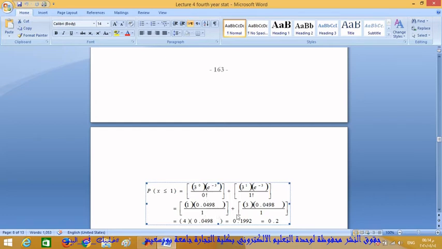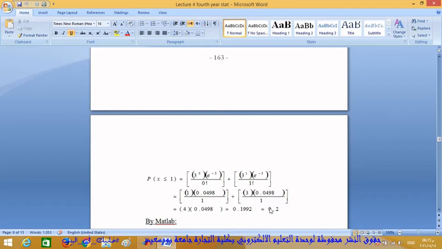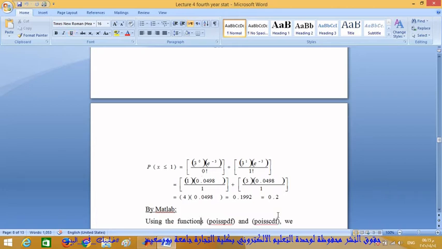Okay, plus 3 power 1 equals 3, and the e power minus 3 is the same as this, so you can compute it once and repeat, divided by 1. This also equals 0.2.